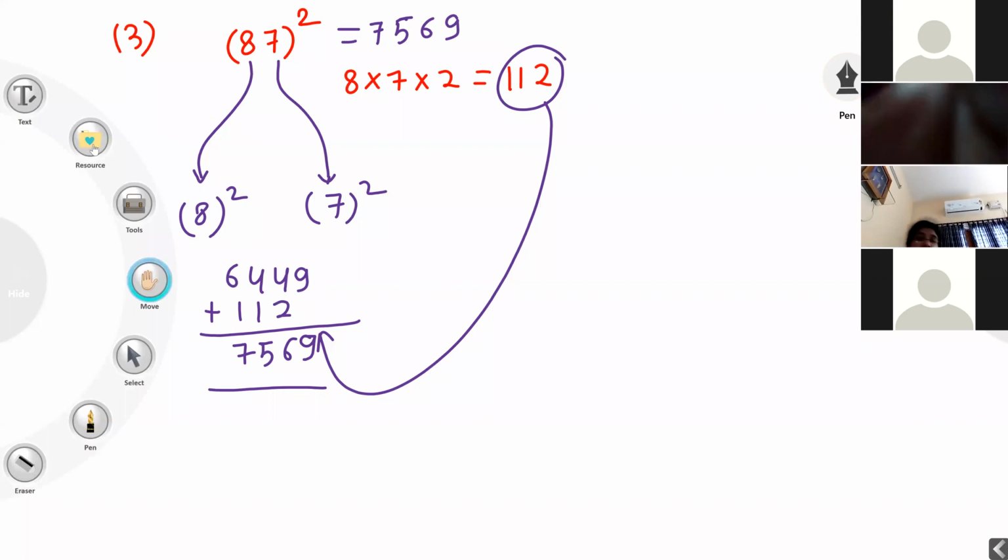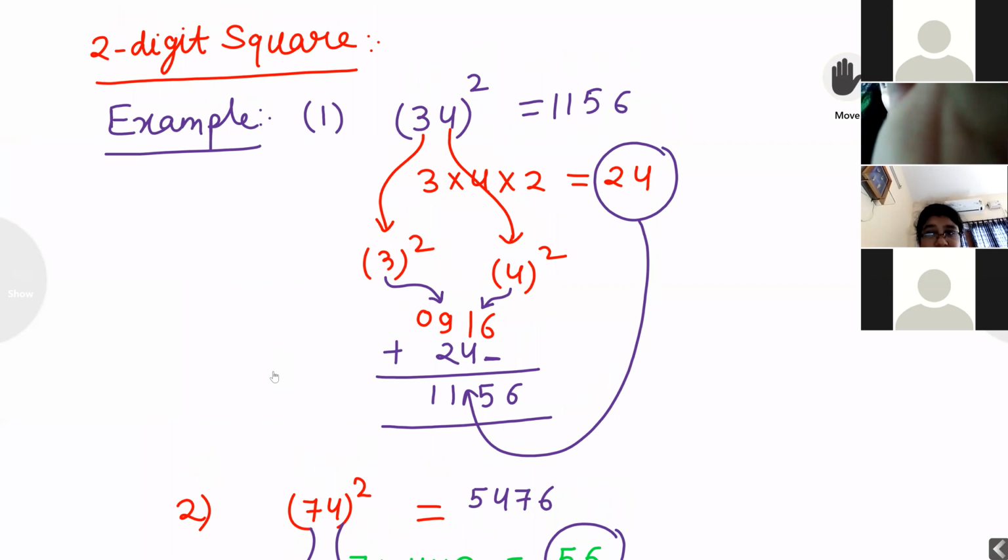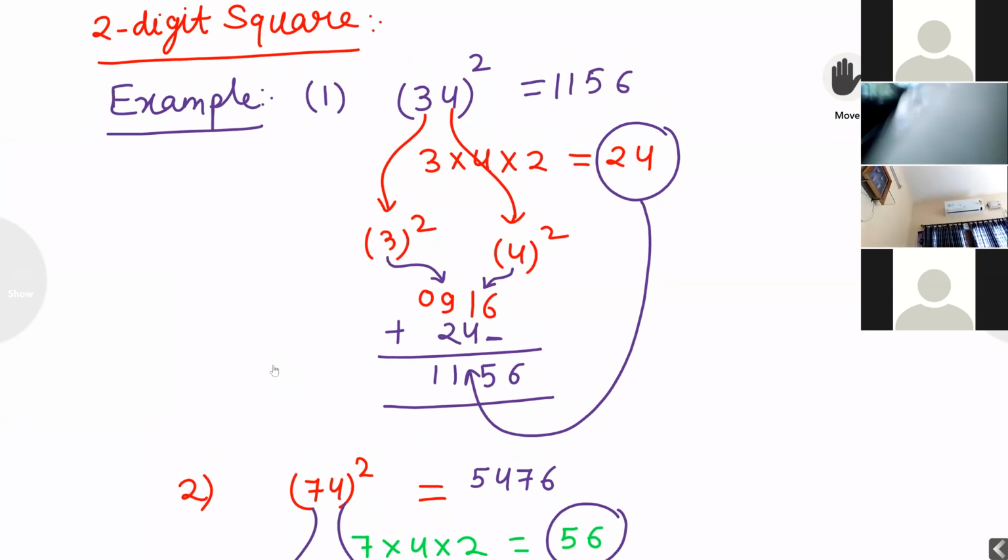Yeah, note down. Example first. Note down example first.